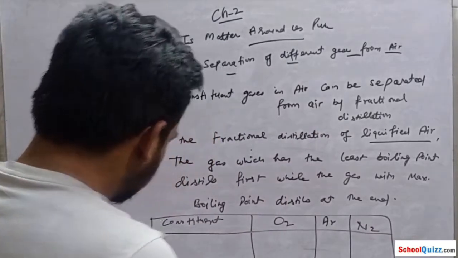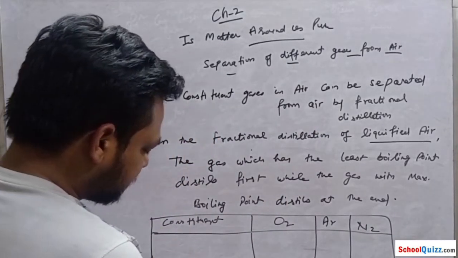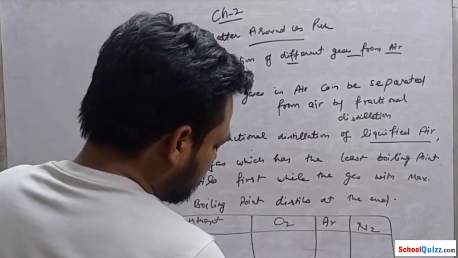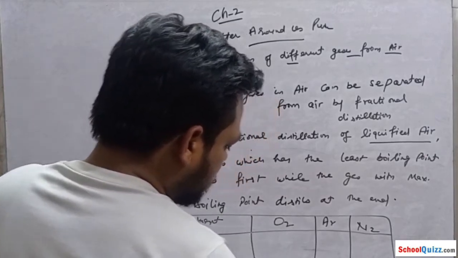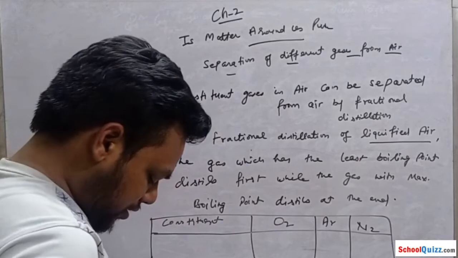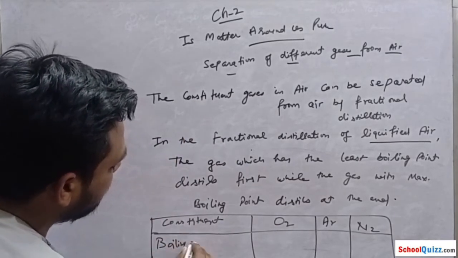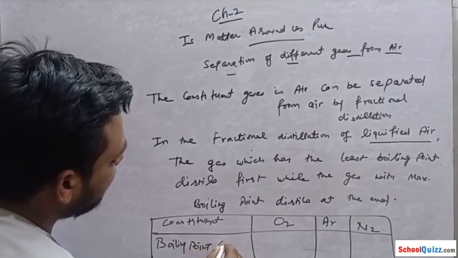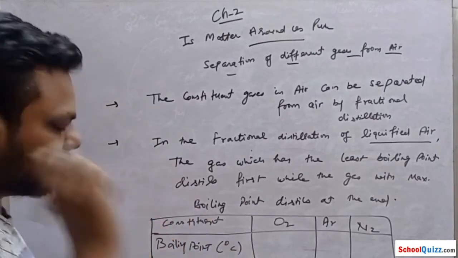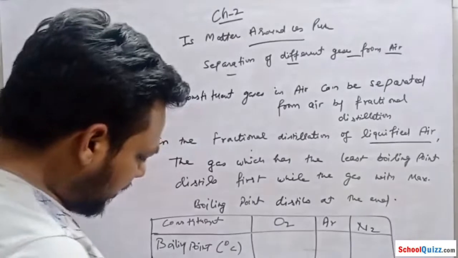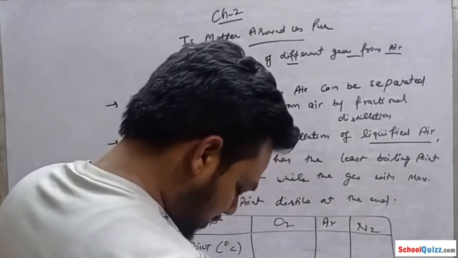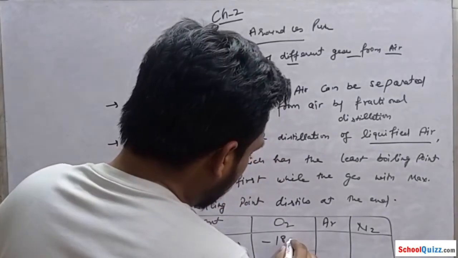If we talk about constituents, we will write first one is boiling point, in degrees Celsius. It is minus 183.